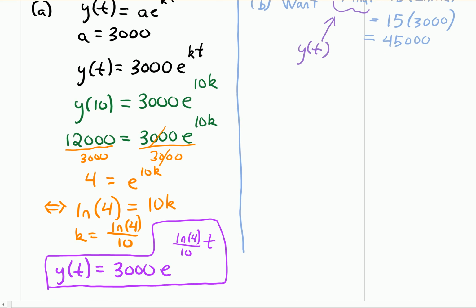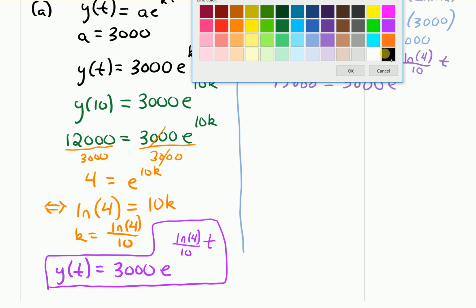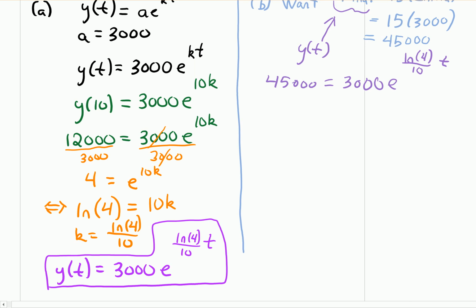I'll replace the left-hand side with 45,000, and that should equal the right-hand side, 3,000 times e to the ln of 4 divided by 10, and then times t. Now simplifying this, I'm going to divide both sides by 3,000. The 3,000s cancel on the right-hand side. On the left-hand side, 45,000 divided by 3,000 is 15.